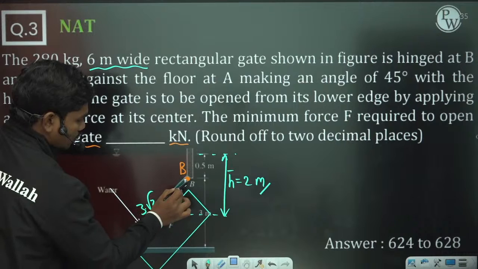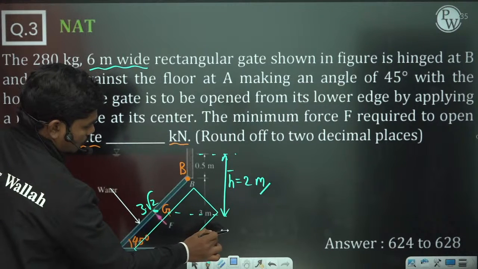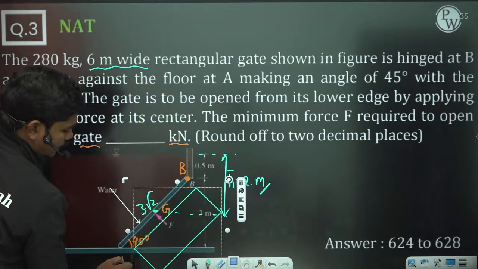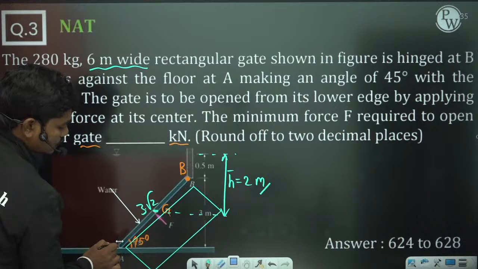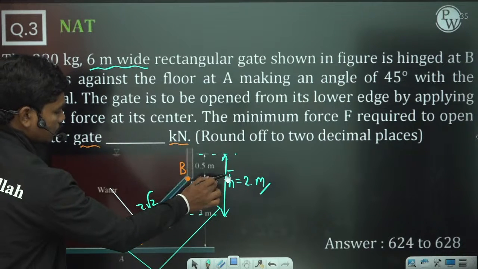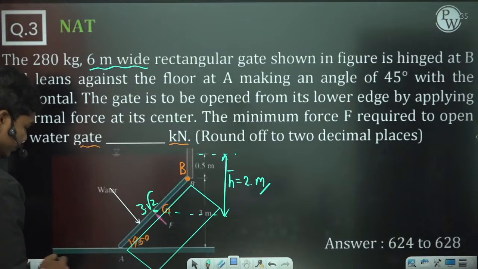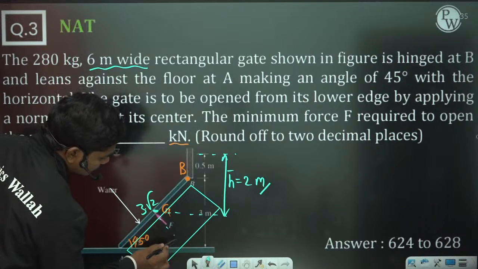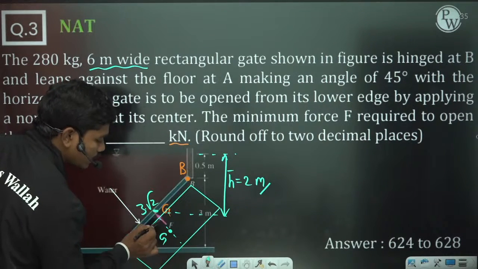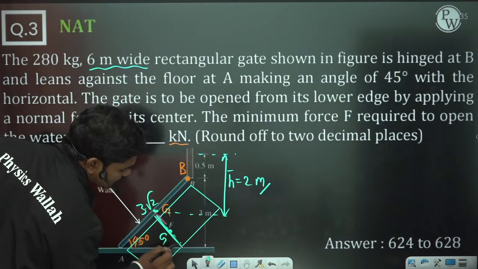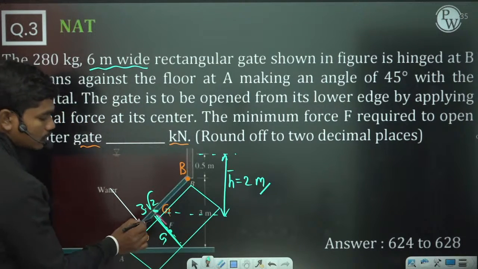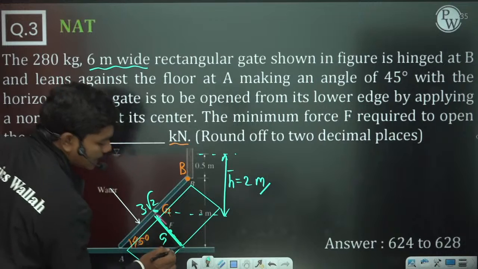So you will get a rectangle like this in the side view. Now if you take this rectangle, then definitely this is the centroidal axis. What is the moment of inertia of this plane about this axis? Please tell me, this is IXXG.